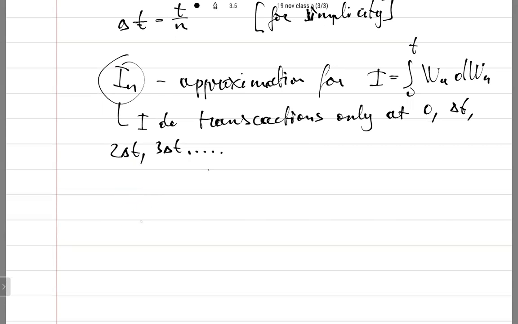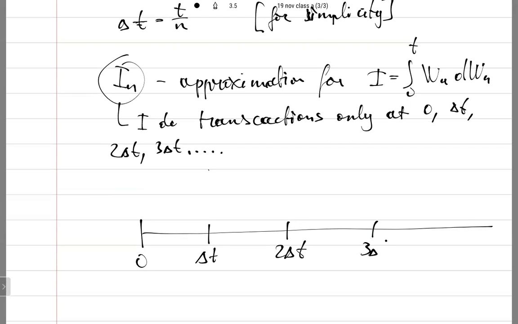Once again, I may zoom. This is delta t, this is 2 delta t, this is 3 delta t, and I will specify the number of objects I have.